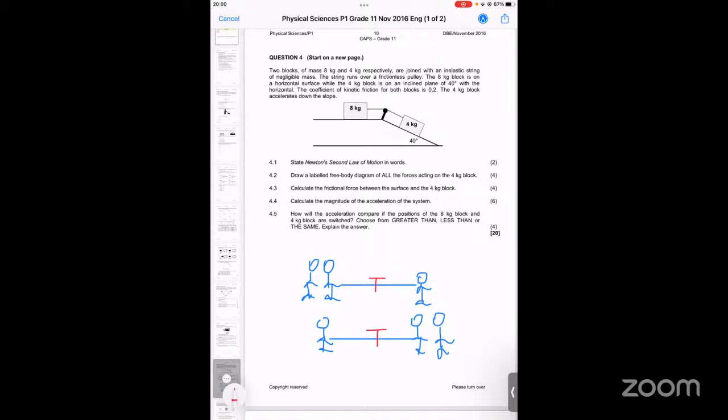Yes, so such a question may come in multiple choice questions. You just need to remember the tension is the pain experienced by the rope. That's why we say the 4 kg is pulling the 8 kg, and the 8 kg is pulling the 4 kg.